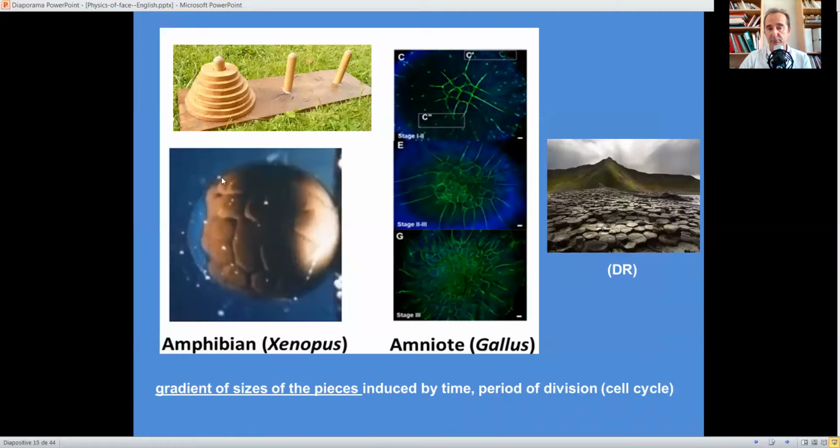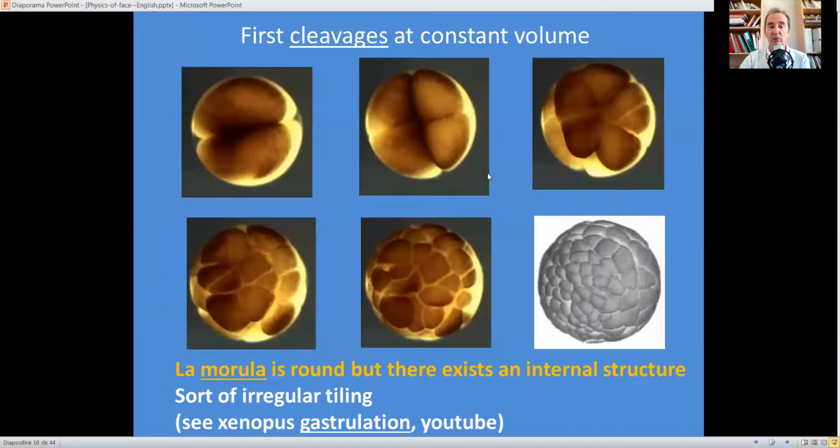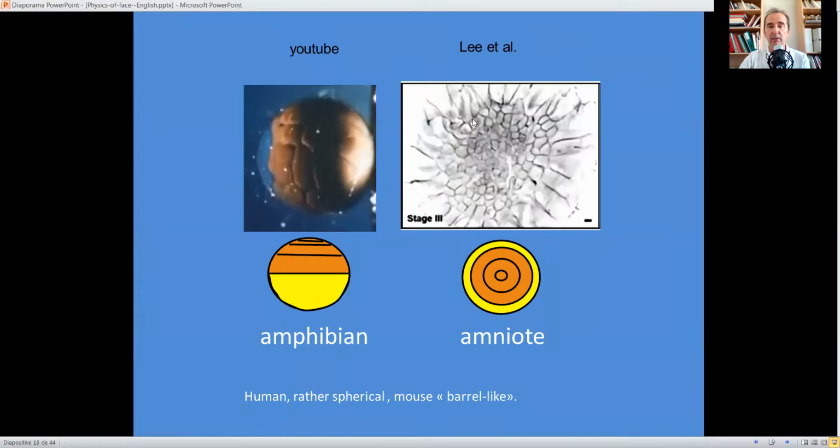And as I've just explained, the tiling has a structure which resembles a Hanoi Tower, you know, this game of Hanoi Tower. You have these plates of small cells, medium cells, bigger cells. So these are a few rounds of division when the egg is inside the hen. This is from the work of Lee et al.